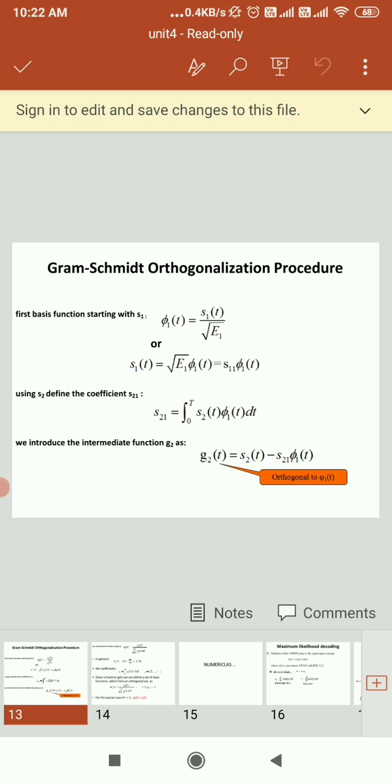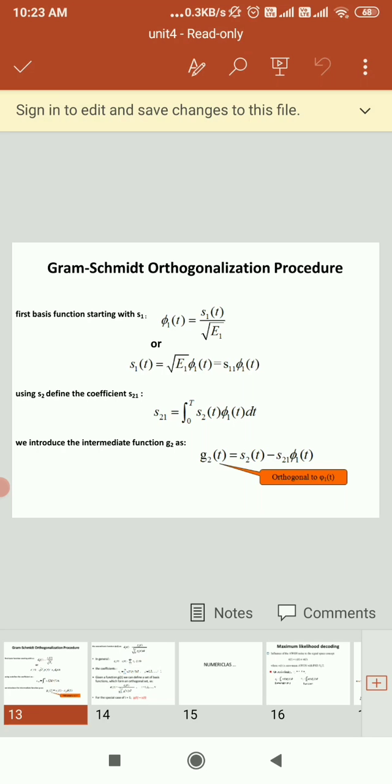So here if we are taking the real valued energy signals like S1 of t, S2 of t up to Si of t, how can we represent that? Each sample taking time t seconds, we can take Si of t equal to summation j equal to 1 to n of Sij phi j of t.